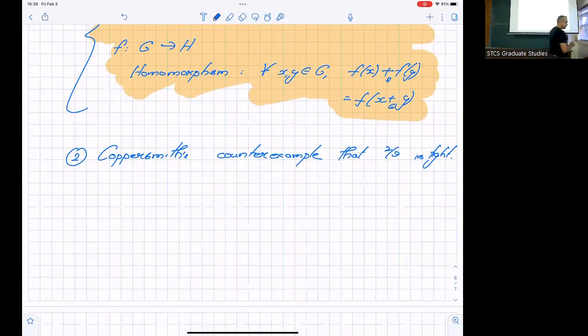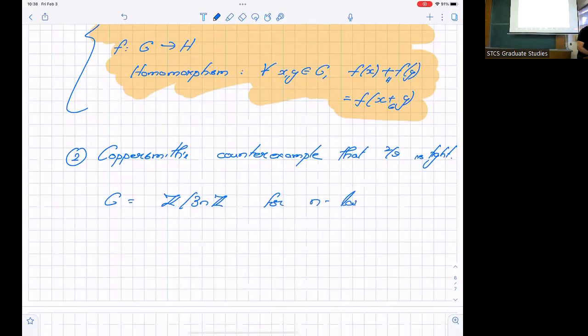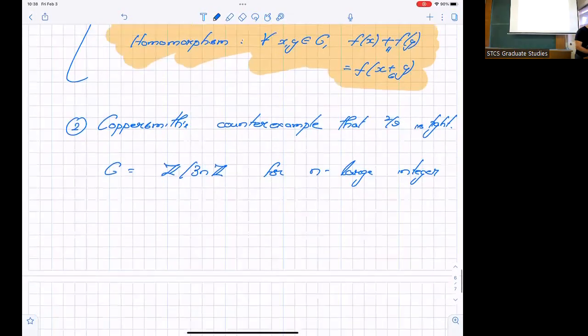Let's look at the case when G is the integers mod 3n, for n being a large integer. So I'm looking at the group G, integers mod a large multiple of 3. Let's define this function f, where G and H are going to be this group.